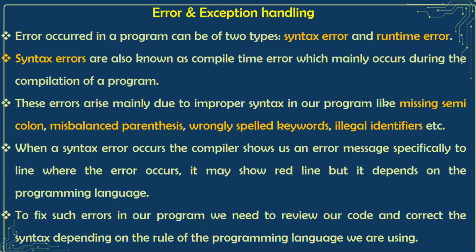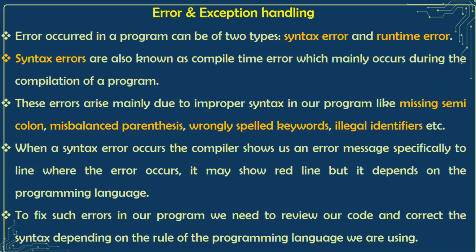So let's see error and exception handling. Errors occurring in a program can be of two types: syntax errors and runtime errors. Syntax errors are known as compile-time errors, which mainly occur during the compilation of the program. They are detected while the Java program is converted to its corresponding bytecode, or we can call it the compilation phase.